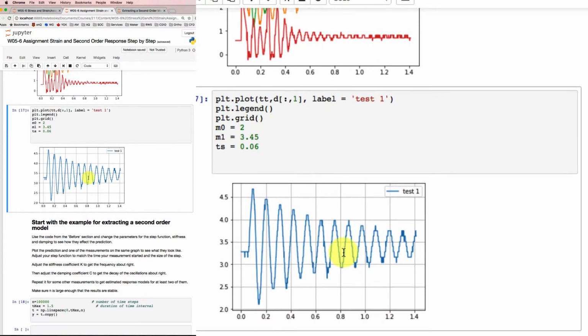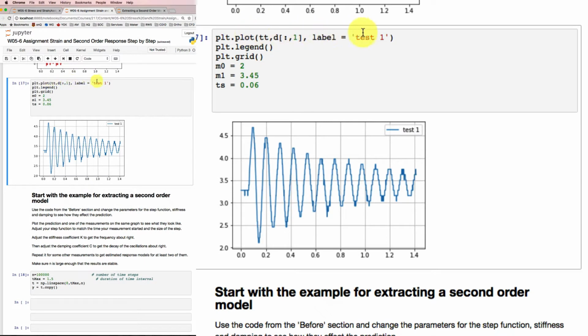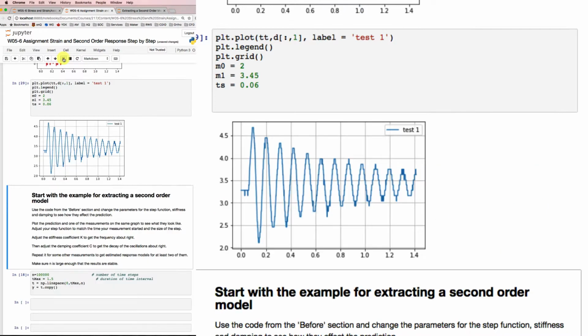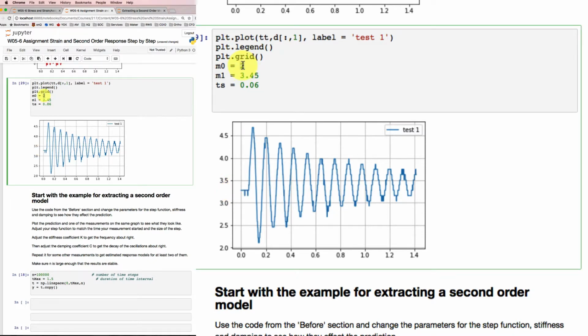So I'm going to just plot the first test and not plot anything else. Let's plot that out and see what we find. Well, it looks like the initial mass was around 3.3 kilos, so let's set that M0 to 3.3.